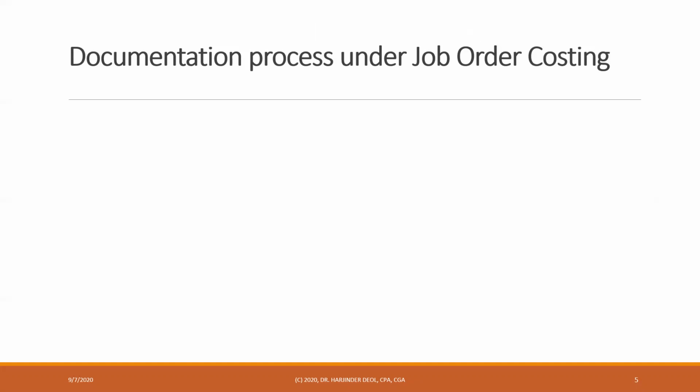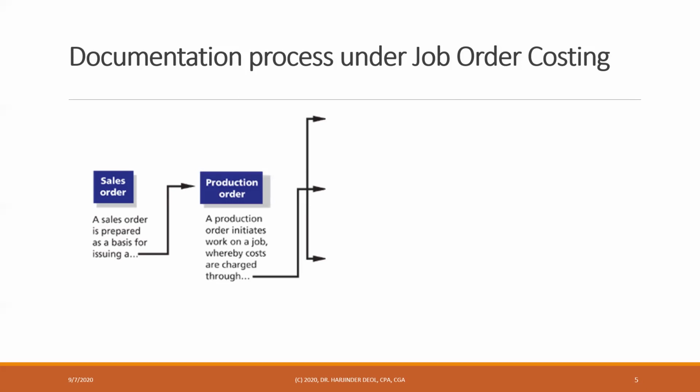Now, here's a look at the documentation process under job order costing. We start with a sales order. So a sales order is prepared as a basis for issuing a production order.